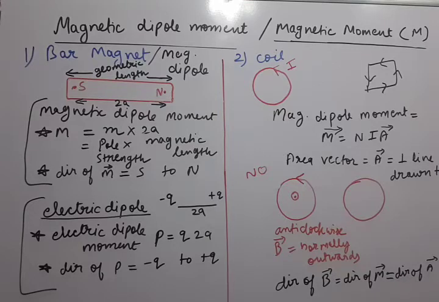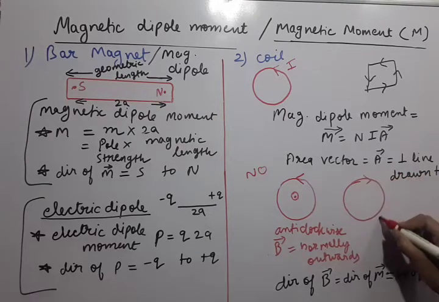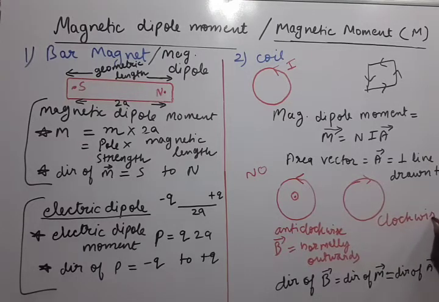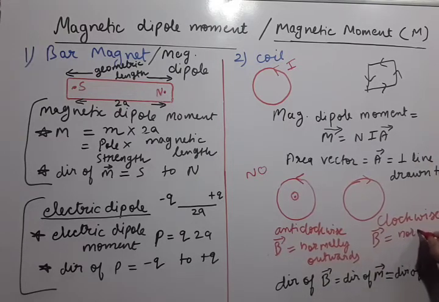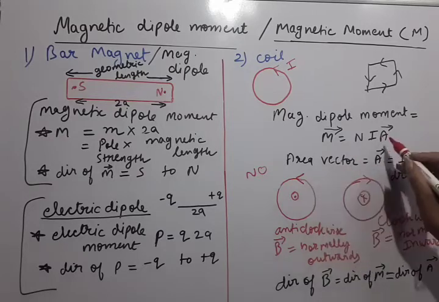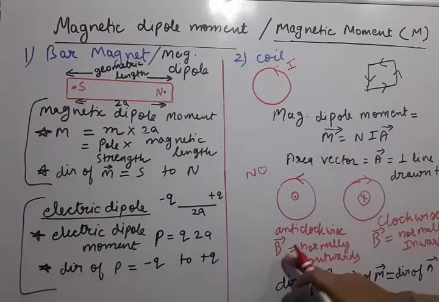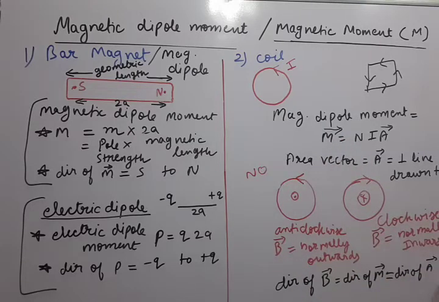In the same manner, if the direction of the current is clockwise, then it will be just opposite to this case. So here the magnetic field direction is normally inwards. How to show normally inwards in the diagram? At the center we have to show a cross. So the A vector direction or magnetic field vector direction or M vector direction, all are calculated in the same manner, whichever thing you are asked.